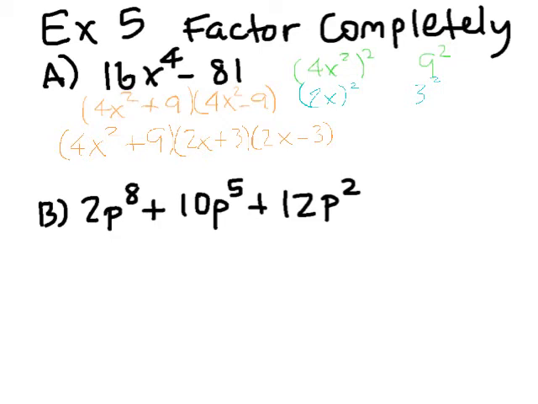On this bottom one, I'm not sure how to factor something to the 8th power, but there's a 2p squared in every piece. So I'm going to pull 2p squared out.